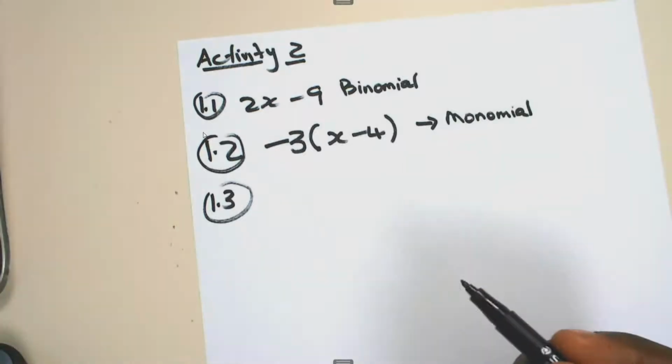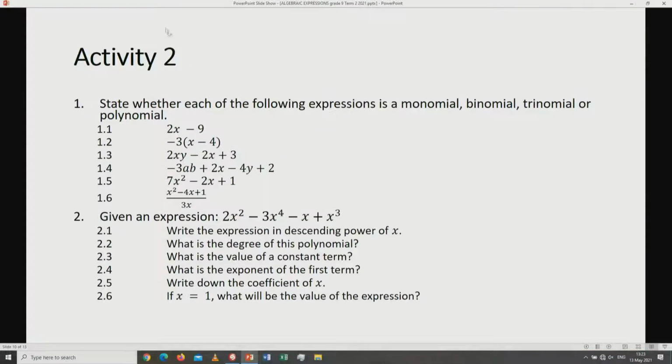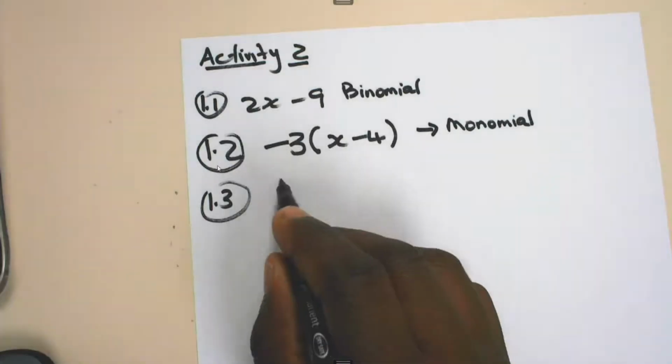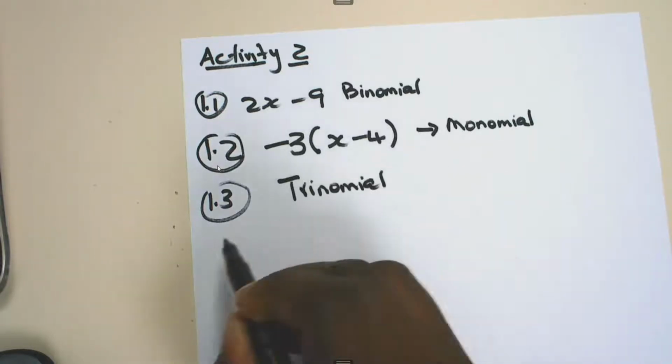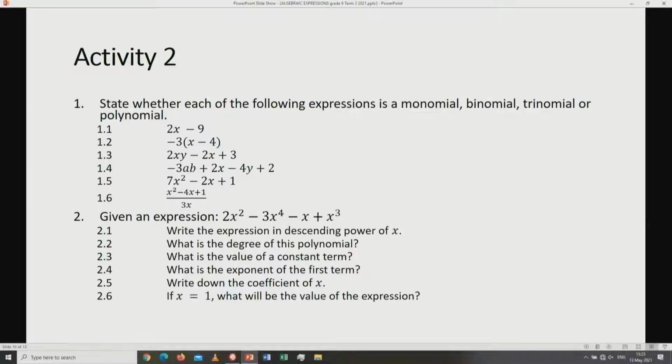And then the next one, we have 2xy minus 2x plus 3. Can you check there? How many terms is it? 1.3 is a trinomial. It's 3 terms. You can check them: it's 3 terms separated by a minus sign and a plus sign.